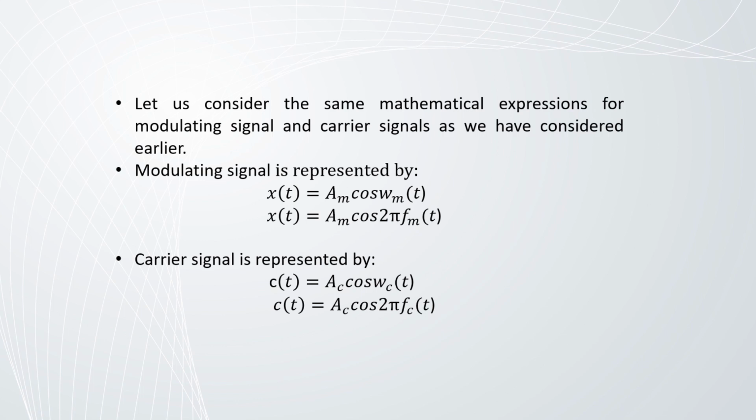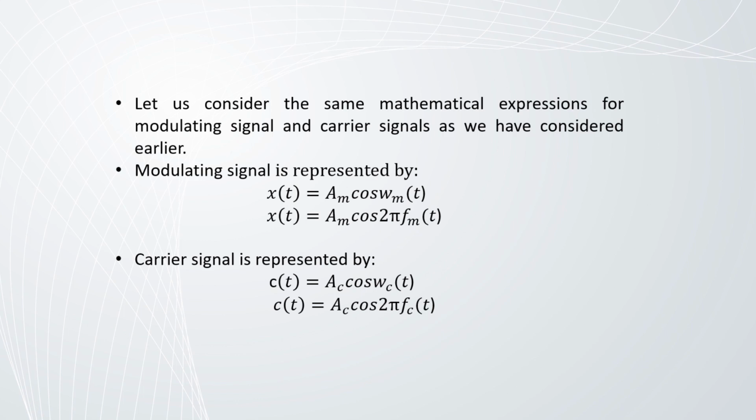The modulating signal is represented by x of t, that is equal to Am cos omega mt, where Am represents the maximum amplitude of the modulating signal and omega m represents the maximum angular frequency, which can also be written as x of t equal to Am cos 2 pi fmt, where fm represents the frequency in hertz, and the carrier signal is represented by C of t, that is equal to Ac cos omega ct, where Ac represents the maximum amplitude of the carrier signal and omega c represents the angular frequency of carrier signal, which can also be written as C of t equal to Ac cos 2 pi fct, where fc represents the frequency of the carrier signal in hertz.